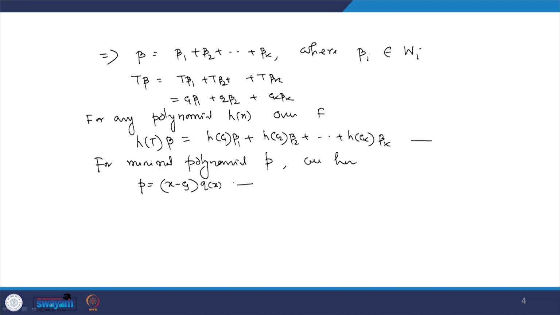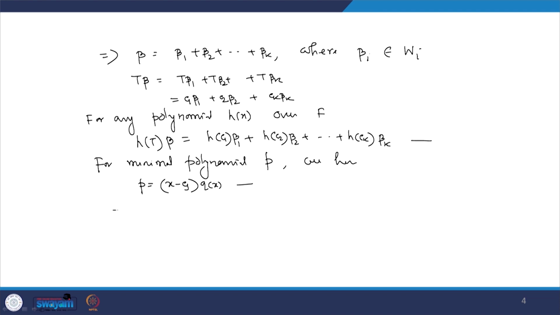Based on our hypothesis, I will get a contradiction by proving that x minus Cj divides Qx, that is, x minus Cj is a factor of Qx, please. So, our hypothesis that T is not diagonalizable will be wrong. Okay. So, P equal to like this.